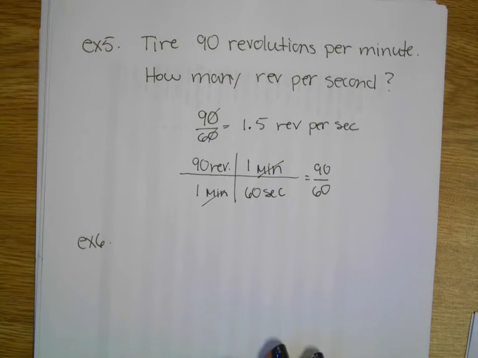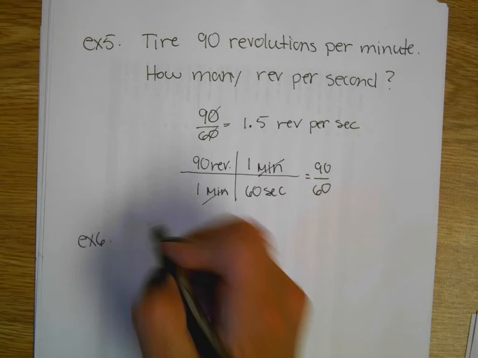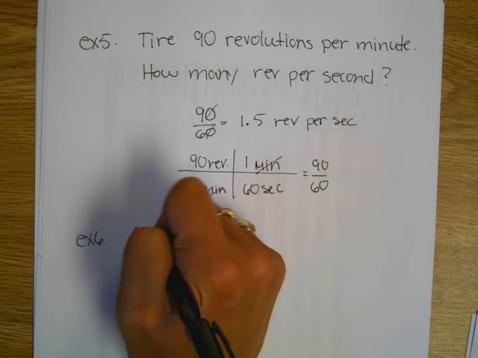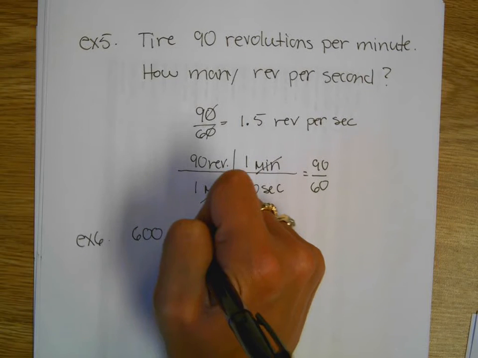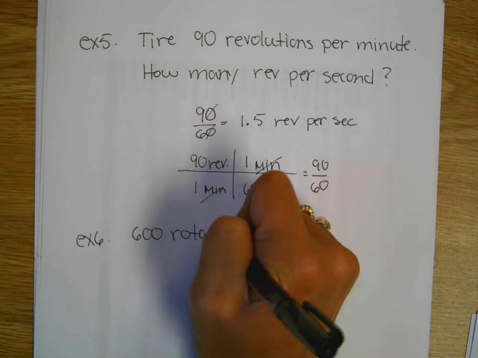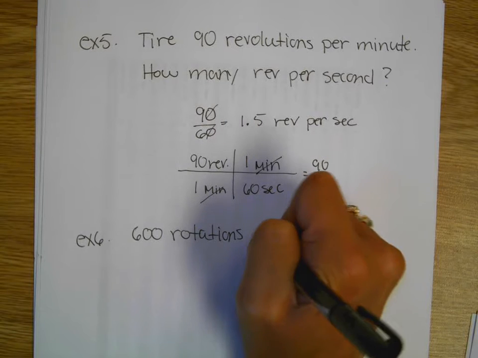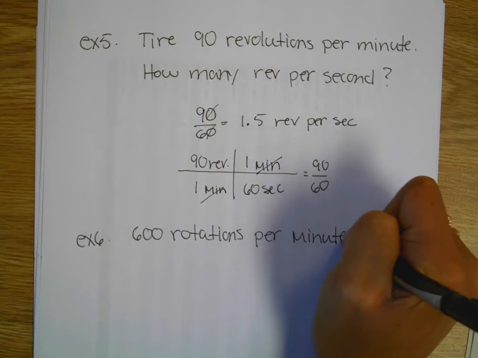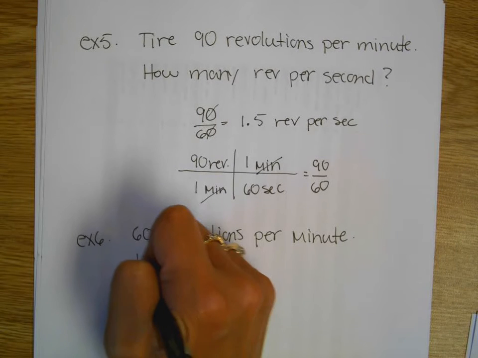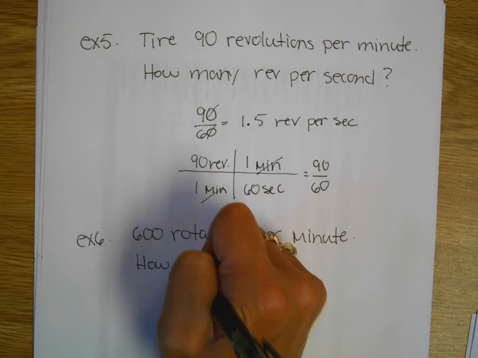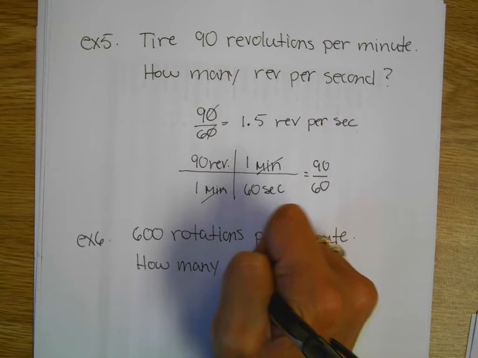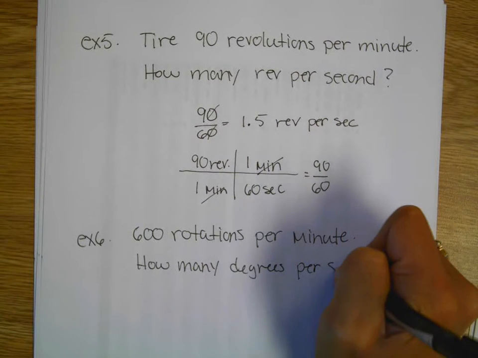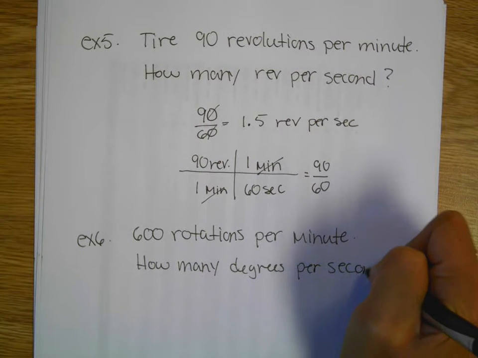So this next one is going to be a little tougher. We've got a propeller that's making 600 rotations per minute. Can you tell me how many degrees per second it's spinning?